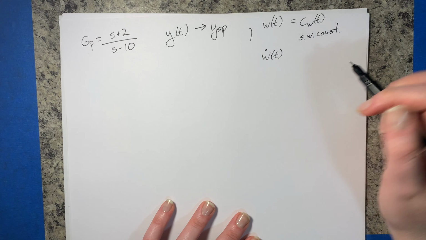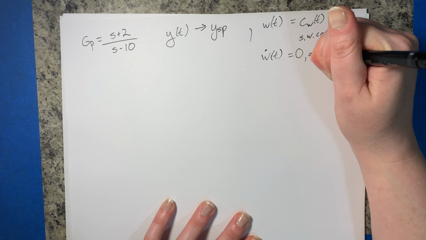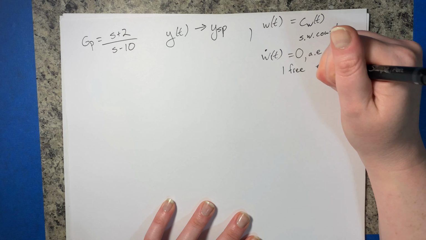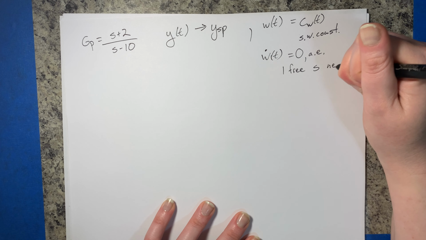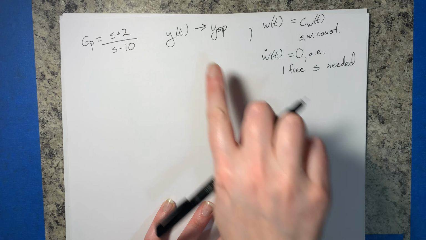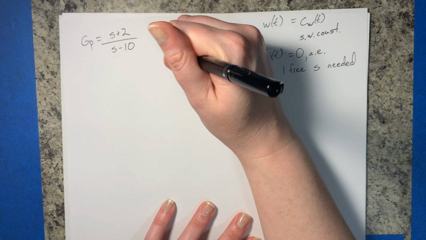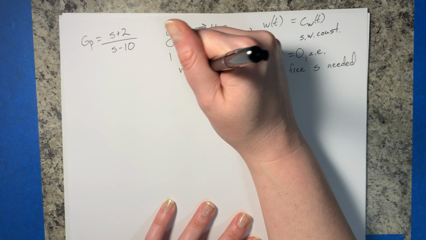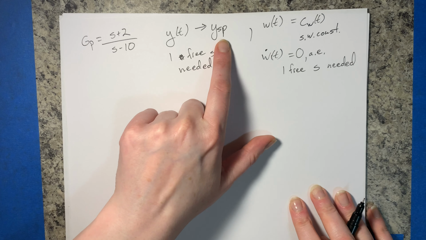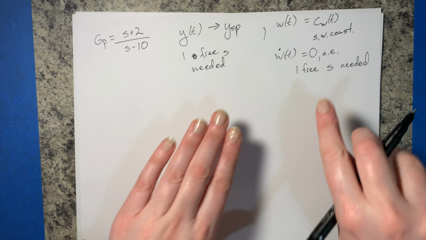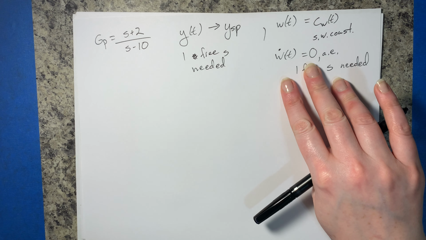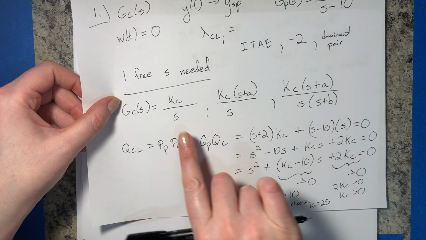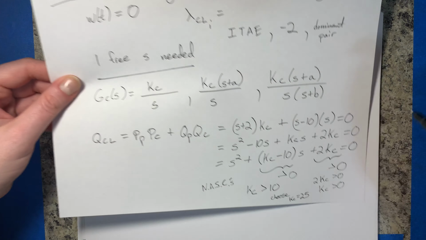If one derivative is 0 almost everywhere, we need one free S. We need one free S anyway to accommodate that set point. So this doesn't change anything about our technique. Our trial designs are exactly the same, because we just need that one free S.